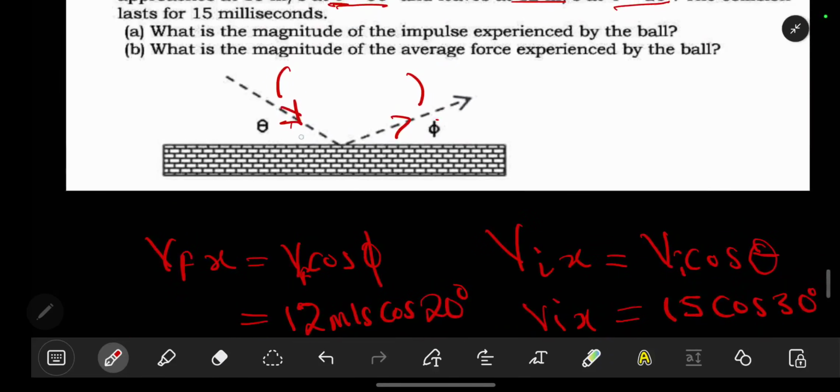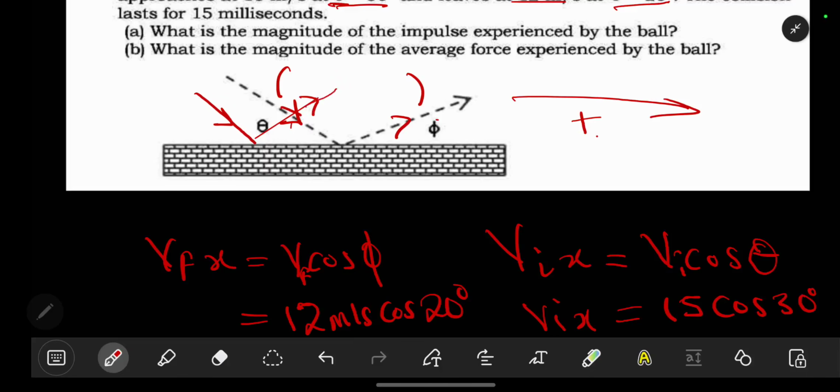Remember, if you make x positive in this direction, x will be positive throughout. However, for the y, as it is going like that, it's going down, and as it is going like that, it's going up.